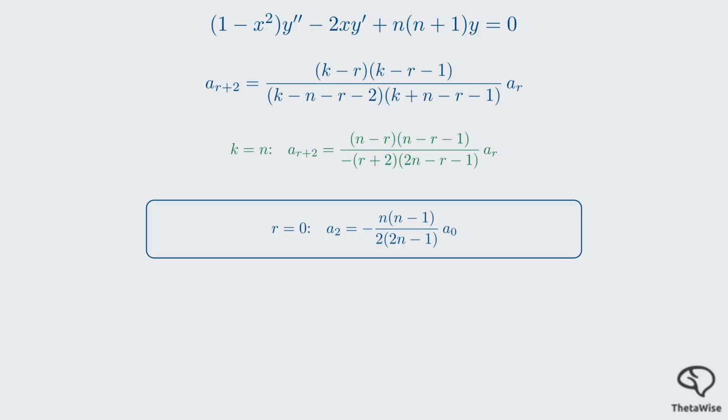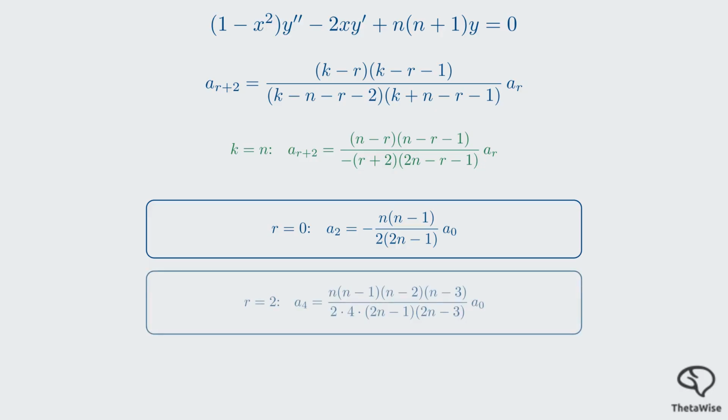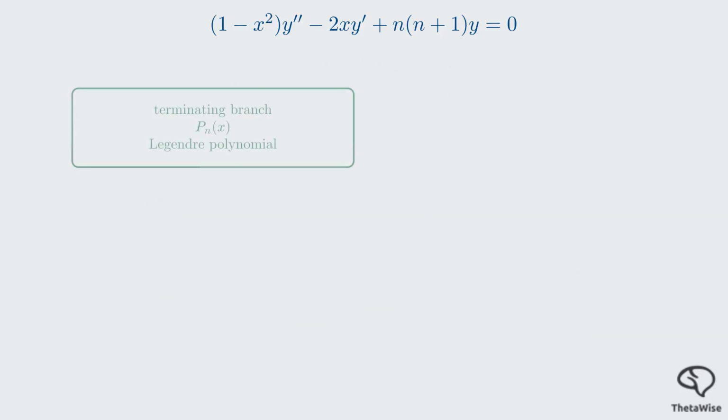At r equals 2, a sub 4 equals n times n minus 1 times n minus 2 times n minus 3 divided by 2 times 4 times 2n minus 1 times 2n minus 3 times a sub 0. For non-negative integer n, this chain terminates and gives the Legendre polynomial P sub n.